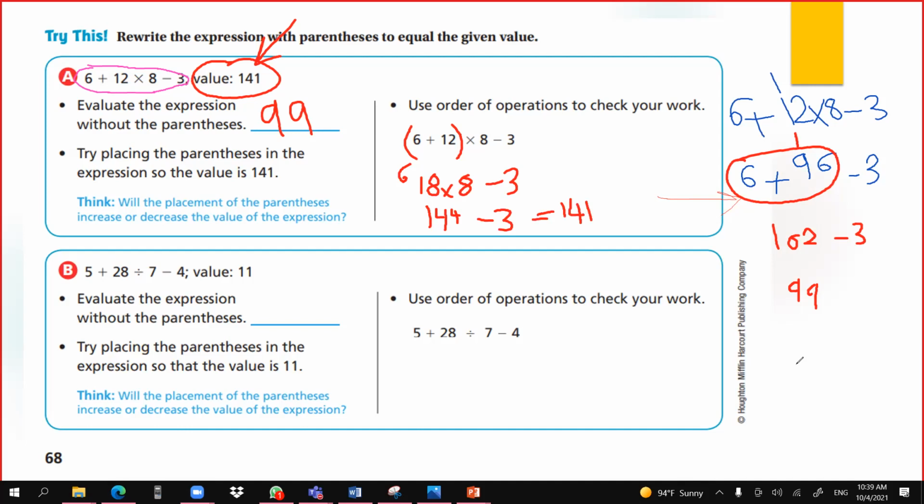Did I get the same answer? Yes. So that means I should put the parentheses around 6 plus 12 to get this answer. Got it now?